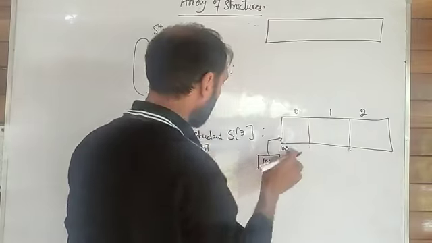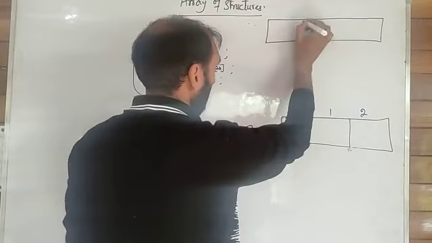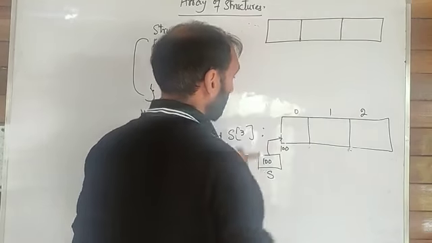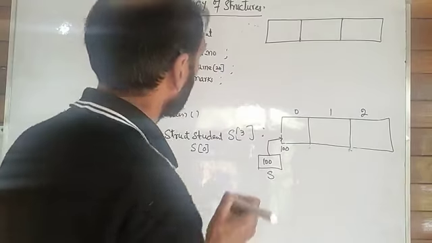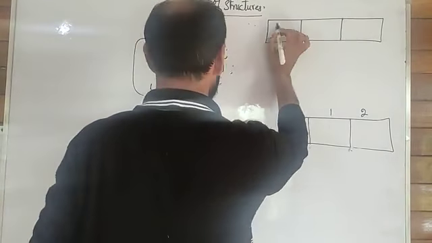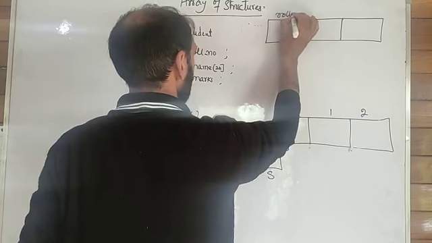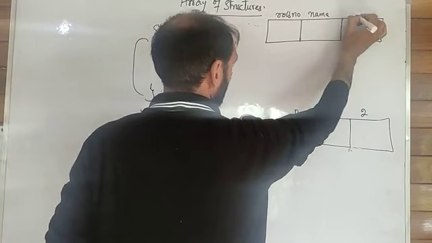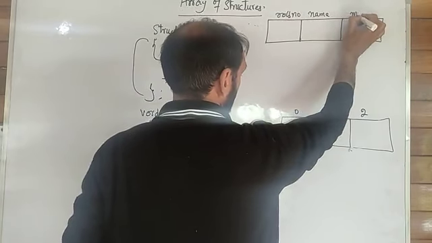We can store this information here. For example, this would be the internal representation of this structure. For example, this is the roll number, here we can store the roll number. This is name, and this is marks.